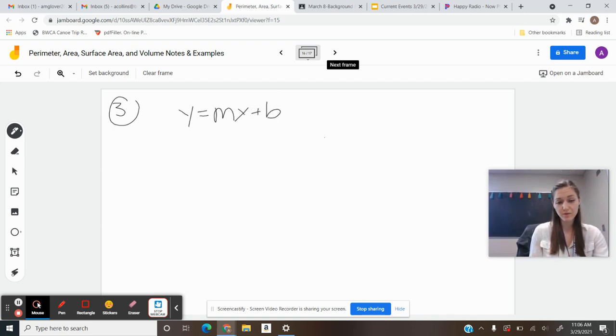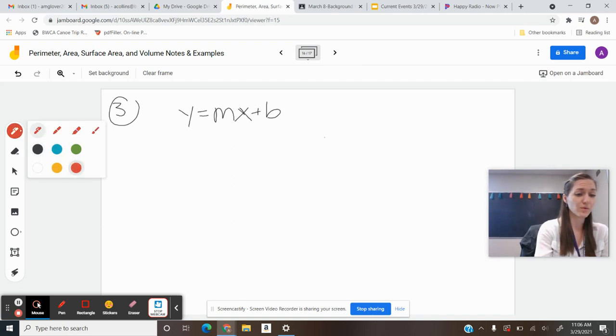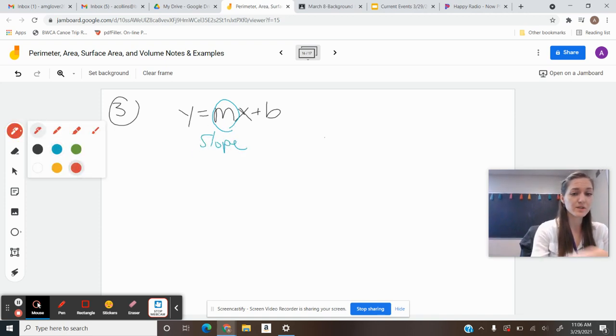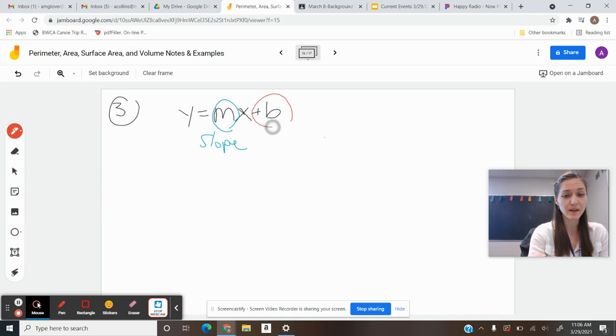If it's in that form, that means it's in slope-intercept form, and you don't have to do any work besides looking at the equation in order to find the slope or the y-intercept. The slope would just be the number in front of the x, and the y-intercept would be the number and the sign that's at the very, very end where this b is.